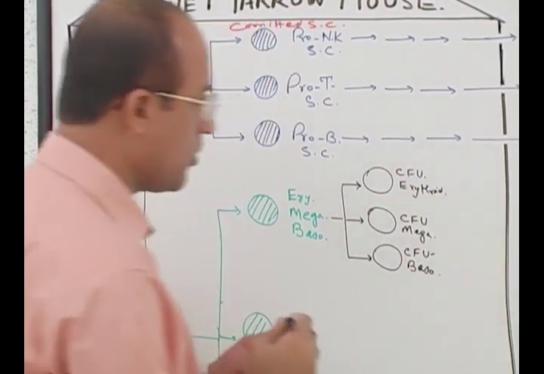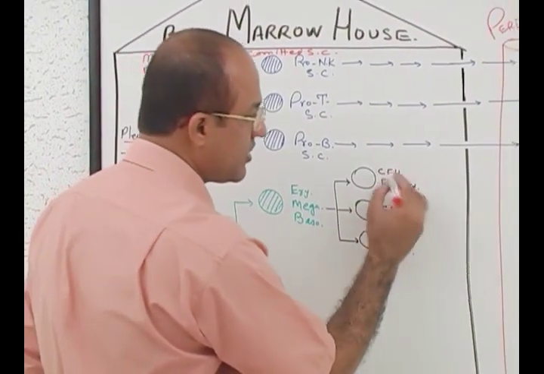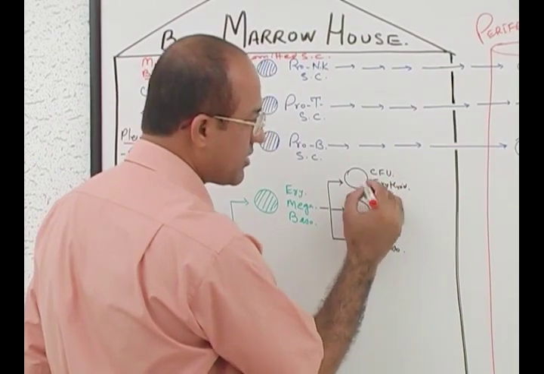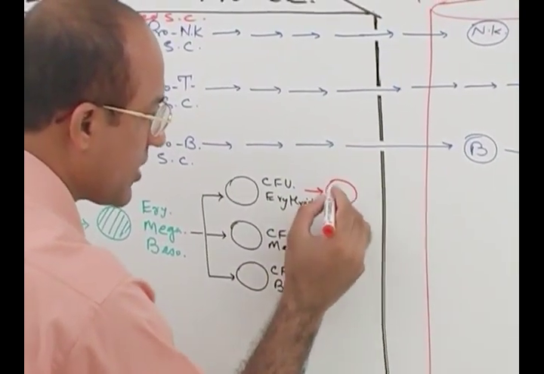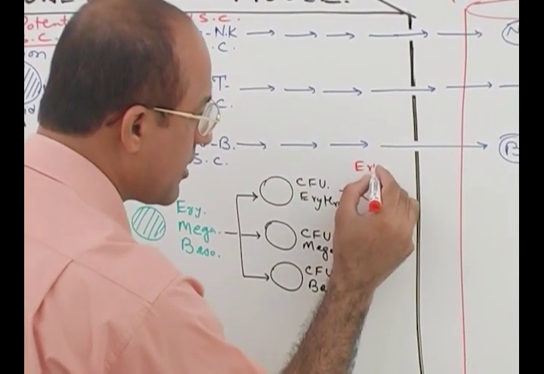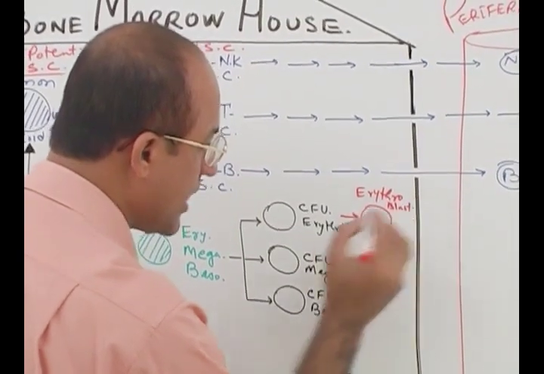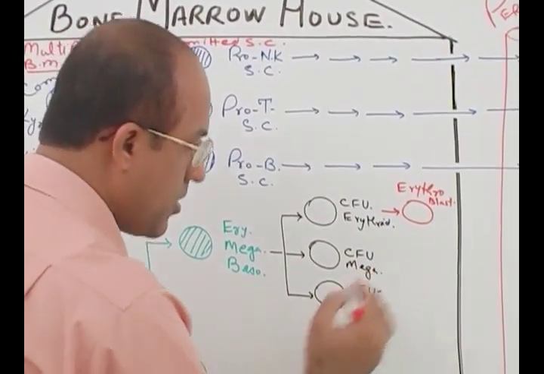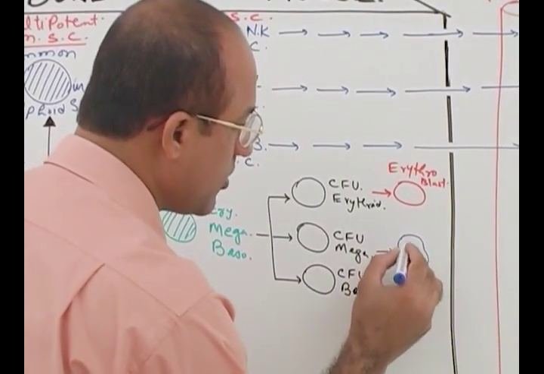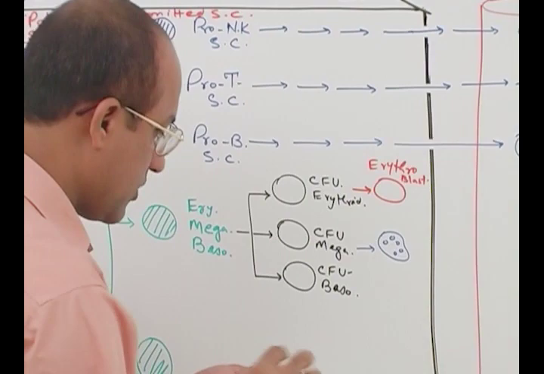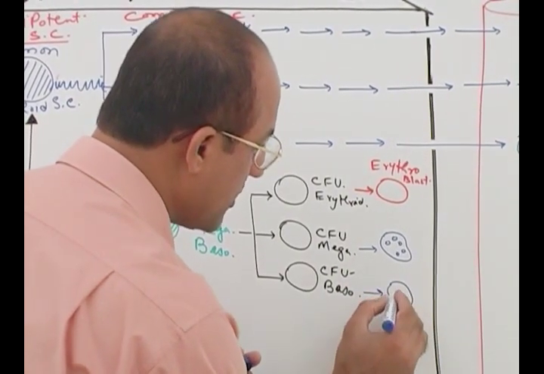Later on in detail we will discuss, especially when we talk about erythropoiesis, that this erythroid colony forming unit will convert into erythroblast, and this is converted into megakaryoblast, and this will convert into a blast cell which will produce basophils.